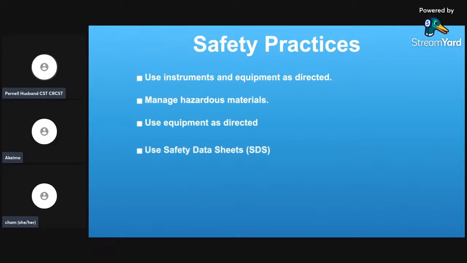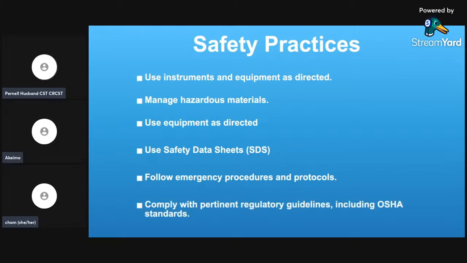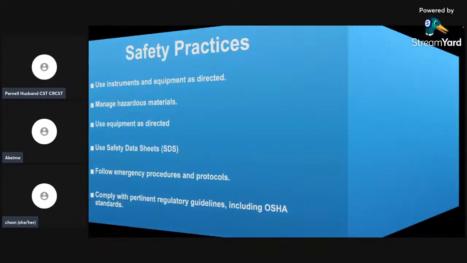Use safety data sheets, which we'll talk about later on. Follow emergency procedures and protocols. Comply with pertinent regulatory guidelines, including OSHA standards. The point here is safety is critically important, and it's taken very, very seriously in the healthcare environment.